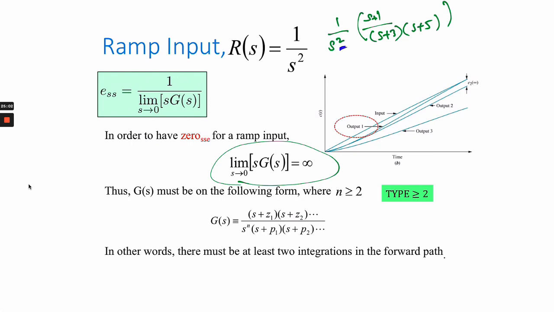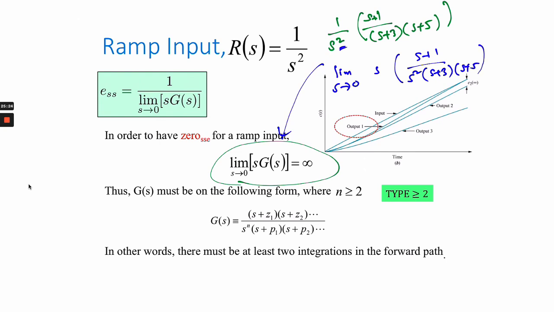Alright, so when we put it into this term, we have limit s approaching 0 of s times (s plus 1) over s squared (s plus 3)(s plus 5).